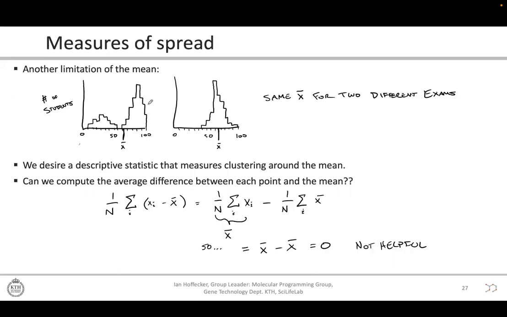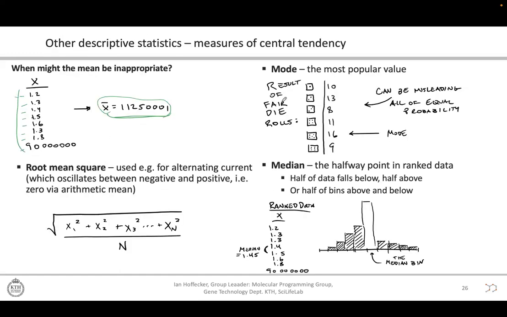So in some cases, we might be better off using the mode, which is the most popular value. For example, we roll a fair die multiple times and we got a 5 16 times in our data set. Since this was the most frequently occurring result, we would call this the mode.